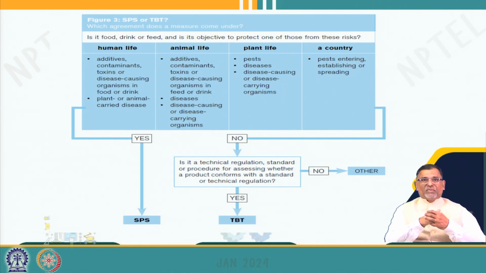Then you can see animal life, again additives, contaminants, the same affecting animal and plant also is related to SPS measures. Pest diseases and all these disease causing organisms are related to SPS measures.